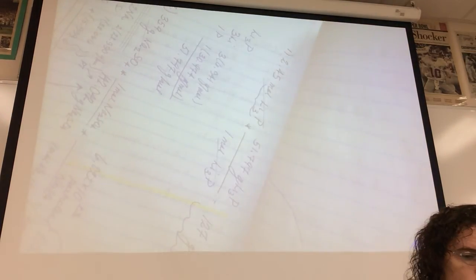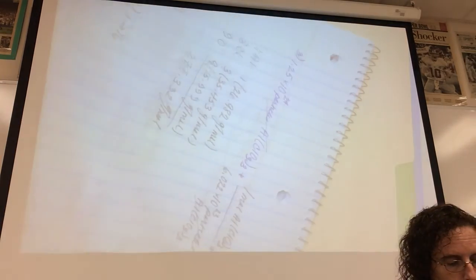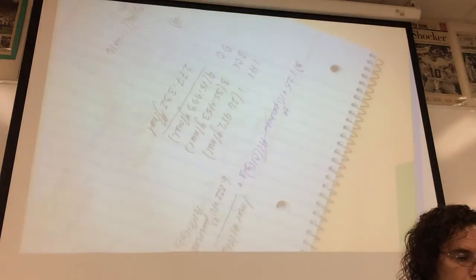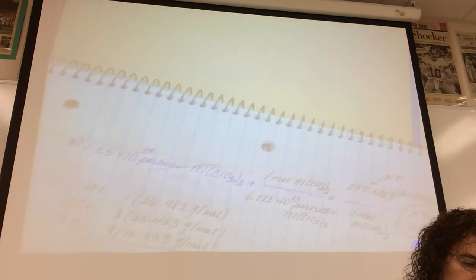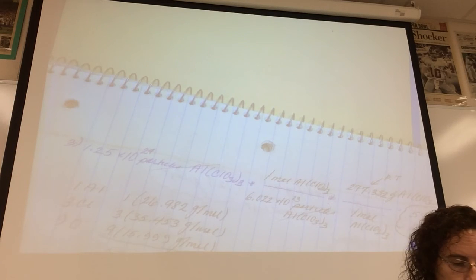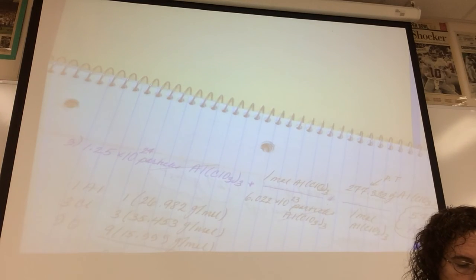I have it all worked out so we can work through it. But I will tell you that the answer to number 4 is going to be 1.19 times 10 to the 24th molecules, and here's the abbreviation that you were looking for, of glucose.